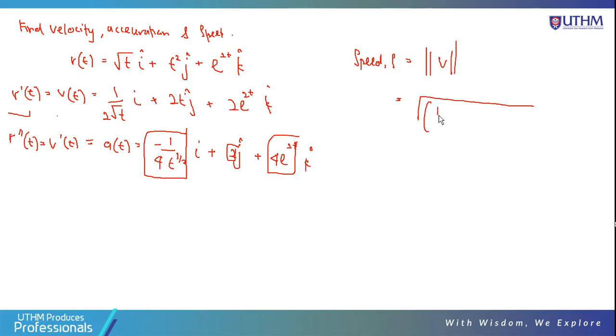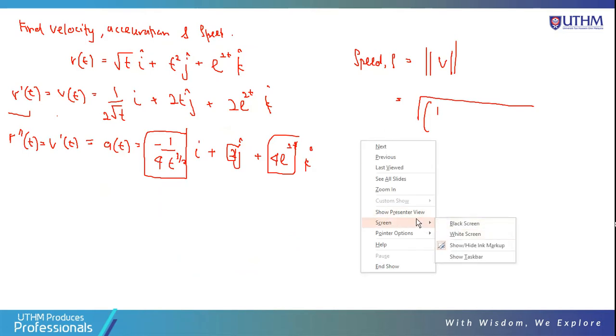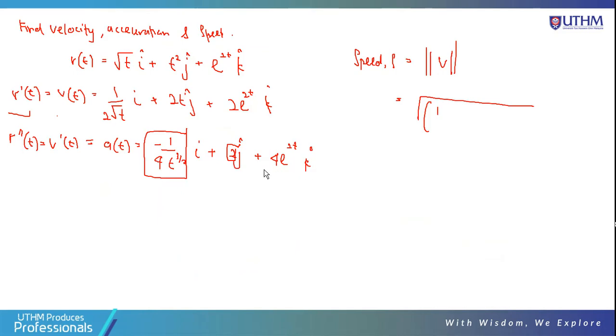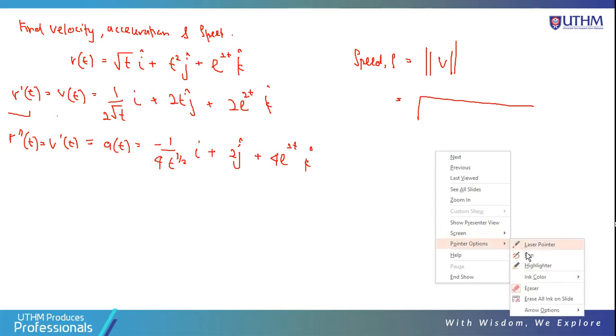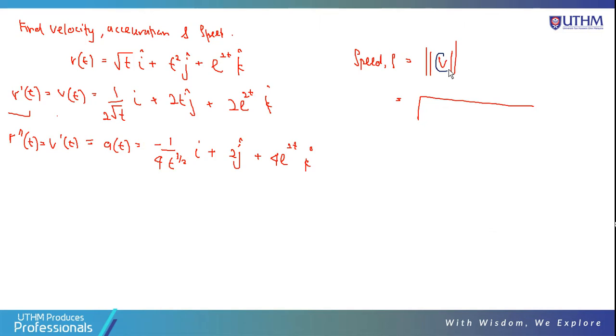Sorry, it is not acceleration; speed uses v. So look at v, and you get the square root of (1 over 2 square root of t) squared plus (2t) squared plus (e to the power 2t) squared. The brackets are there so there is no mistake. That's all.